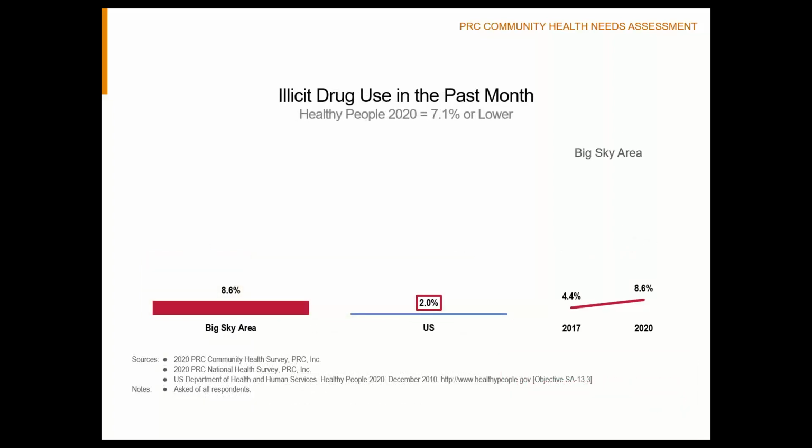We also asked individuals about illicit drug use or illegal drugs. So that's either illegal drugs or prescription drugs not prescribed to them. This is, again, another indicator where we'd expect to be underreported. But 8.6% of Big Sky area adults reported illicit drug use in the past month, 4 times higher than what we see in the nation, clearly significantly worse, but similar to those 2017 findings.